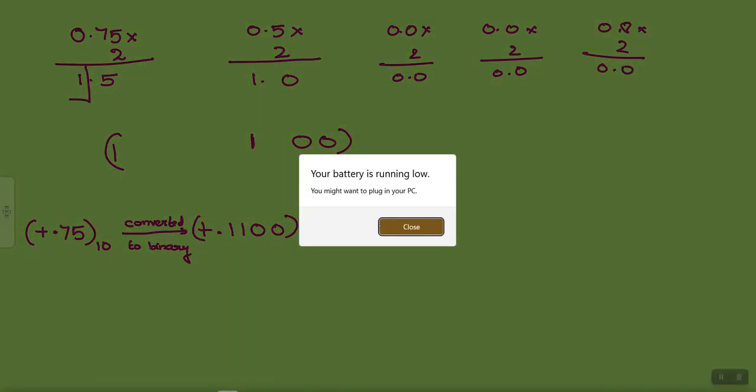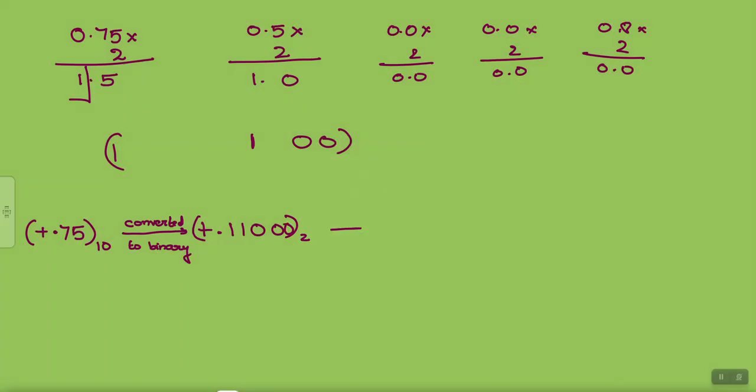When I am adding the sign bit, since it is positive, we are adding 0 as the sign bit.